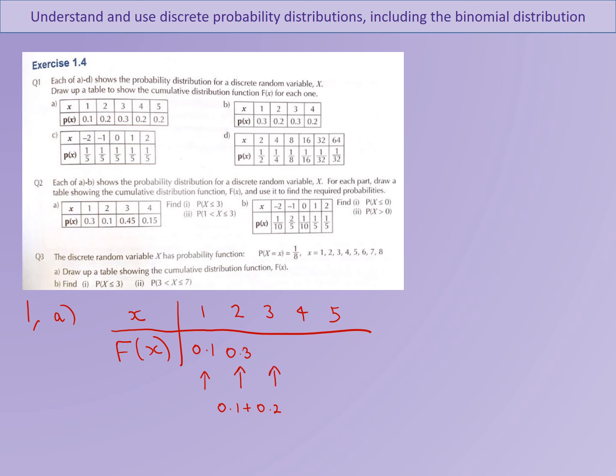The third one will be less than or equal to 3. So that is 0.1, 0.2 and 0.3. So I'm adding together all of the probabilities as I go along, and what should happen at the end, if you've done it right, is you should get to the total being 1 within each of those tables. Then obviously there are some other questions that can be asked about those functions from there.